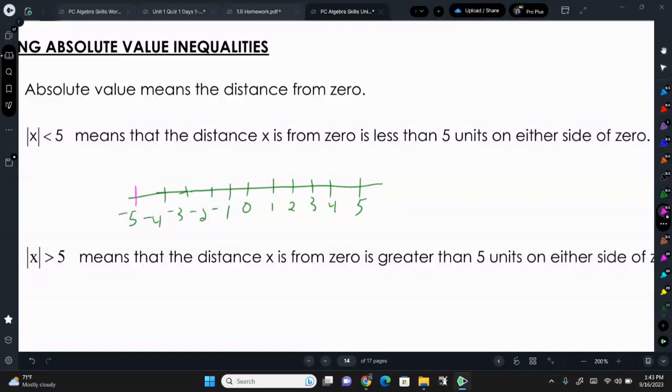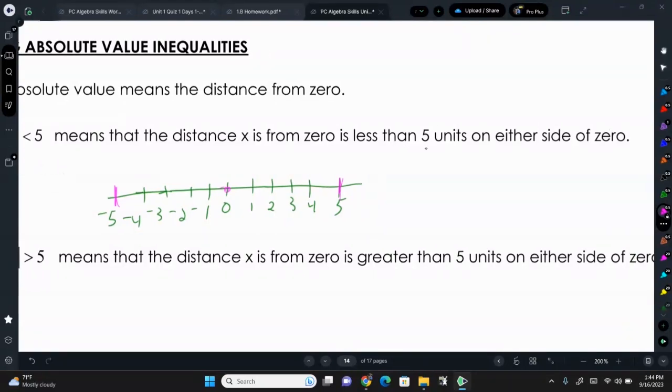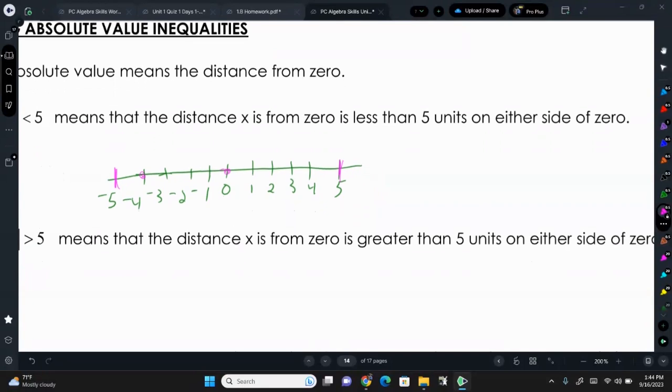So anything in this range has a distance from 0 less than 5. Because if there's my 0, -4, that distance from 0 is 4, which is less than 5. So what we have to do with absolute value, just like how in solving absolute value we had 2 equations, for inequalities we would have 2 inequalities.